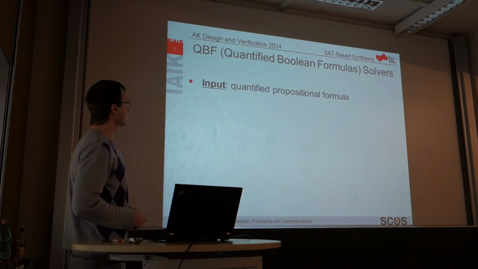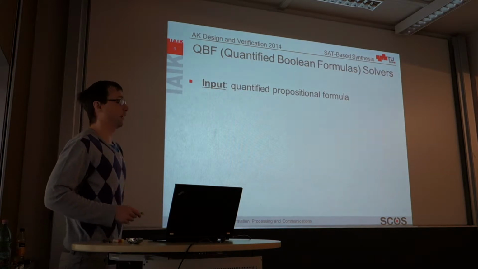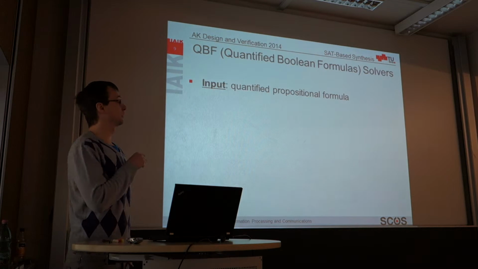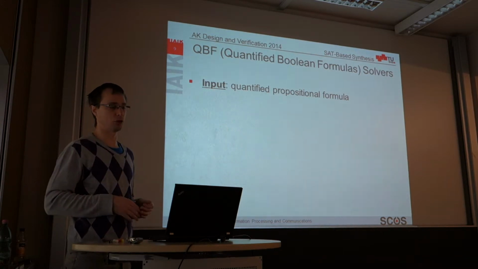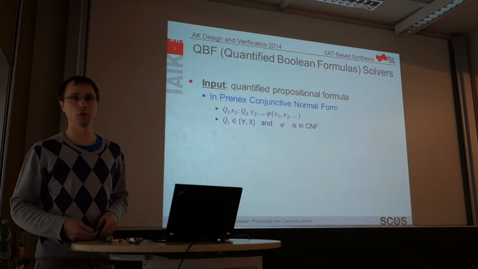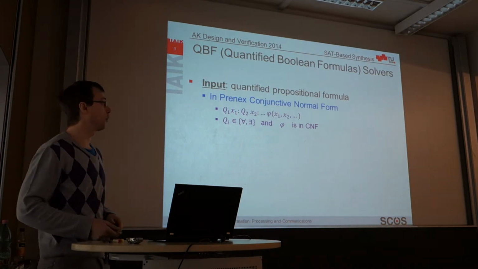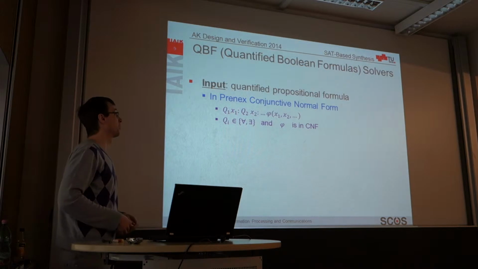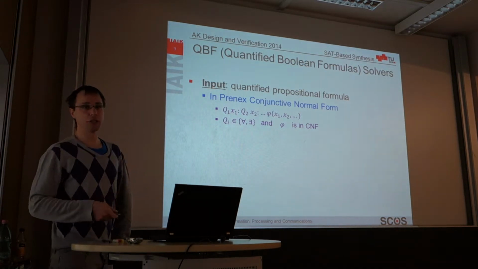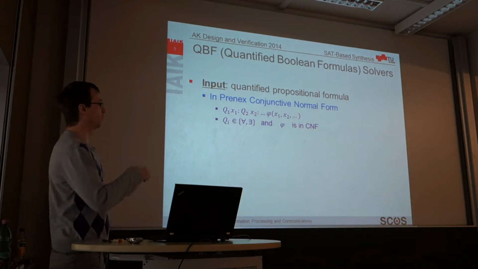So again, these solvers take as an input a propositional formula, but this time it is a quantified propositional formula, and they also require the formulas to be in a particular format, namely in so-called prenex conjunctive normal form. This basically just means that we have a CNF formula as before.